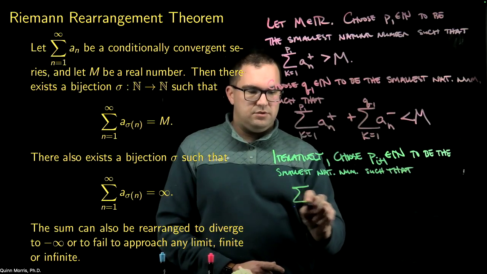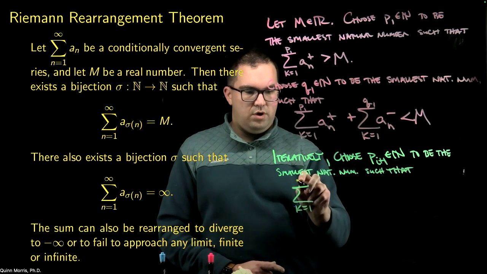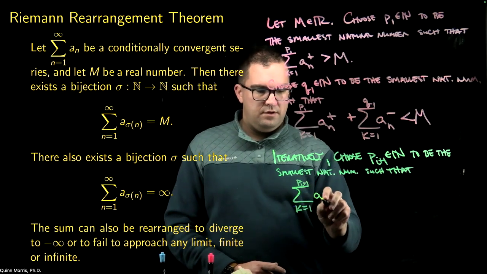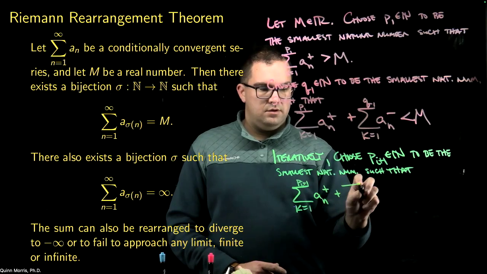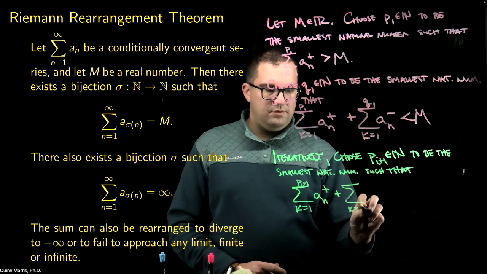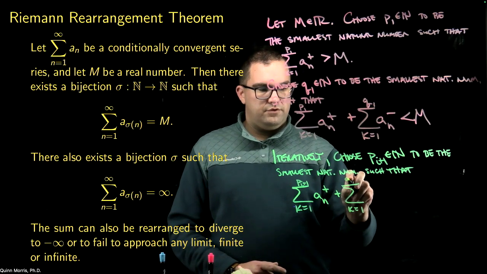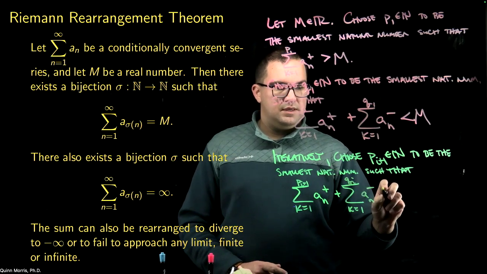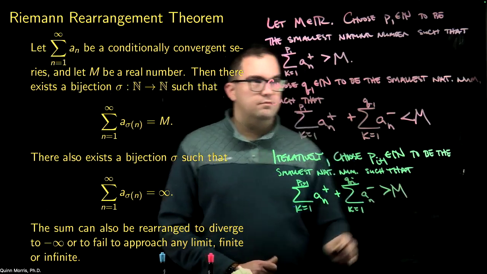So it's going to be the one so that the sum k equals 1 up to p sub i plus 1 of a sub n plus, plus the sum k equals 1 of q sub i of a sub n minus, gets me back above m.